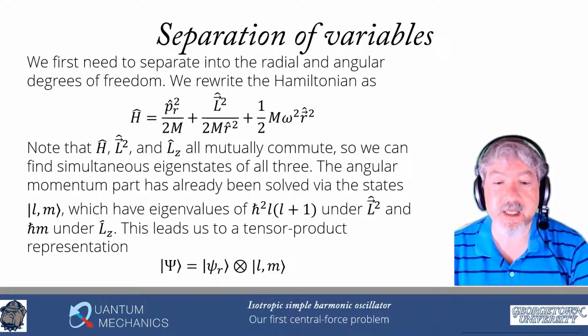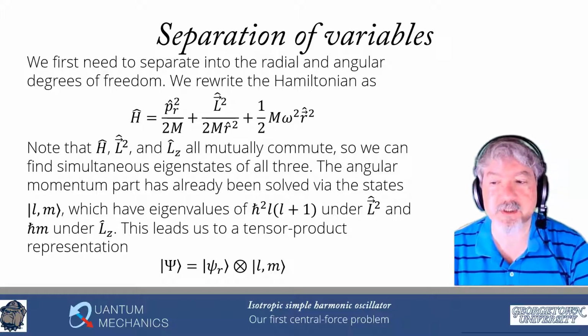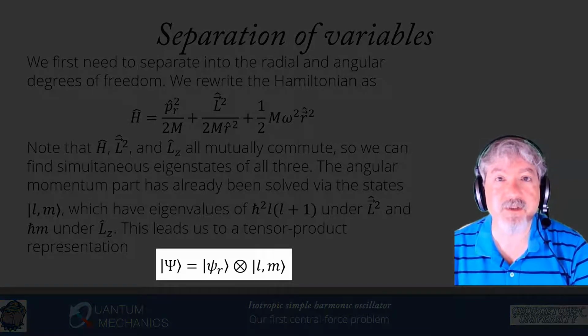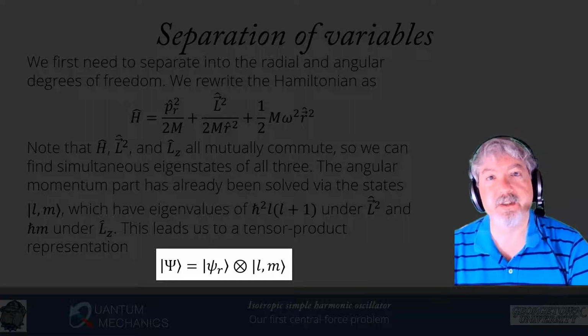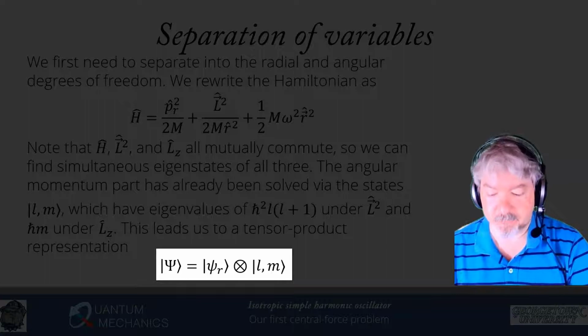They're this ket L comma m, which already are the simultaneous eigenstates of L squared and Lz. Then we have to have the radial component as well, which we're going to call psi sub r. The full wave function is going to be a tensor product of these two wave functions. You can think of this as a separation into a radial dependence and an angular dependence, if you like.